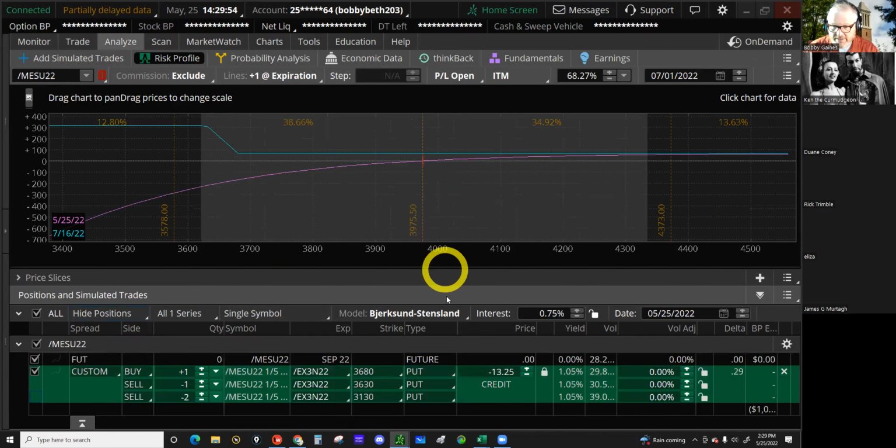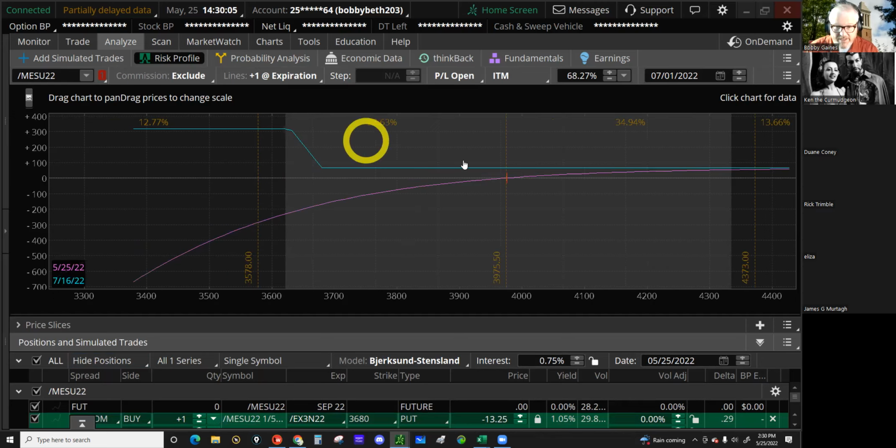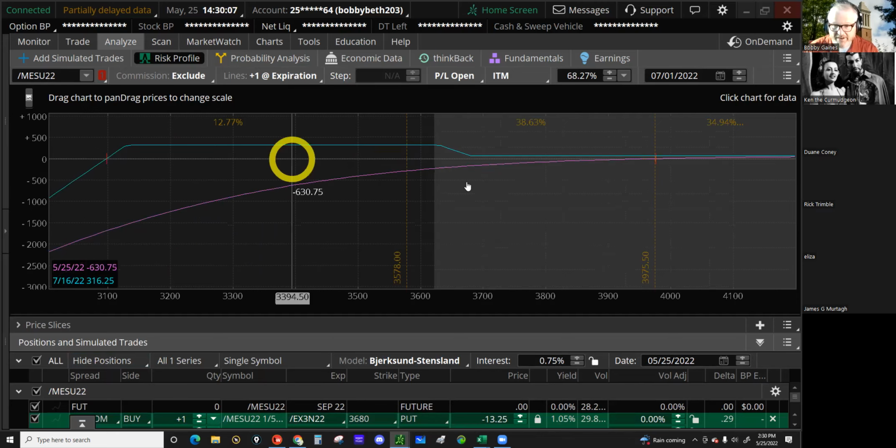So you see how beautiful it is. Right? We don't care if the market goes up at all. We're going to make our 66.25. And we're going to make even more if we fall down into this little trap right here, into this little profit tent. Now, if we fall 5% today, we're going to lose $287. But if we stay there till expiration, we're going to make $316. So as time moves, the T0 line, which is today's date represented in purple, this line increases.